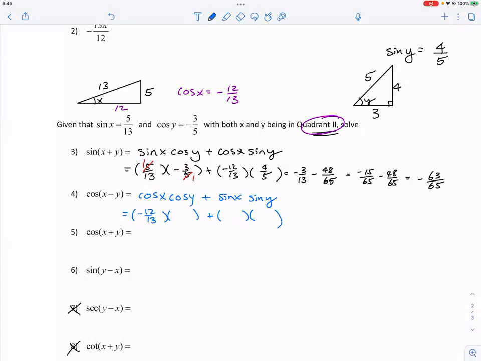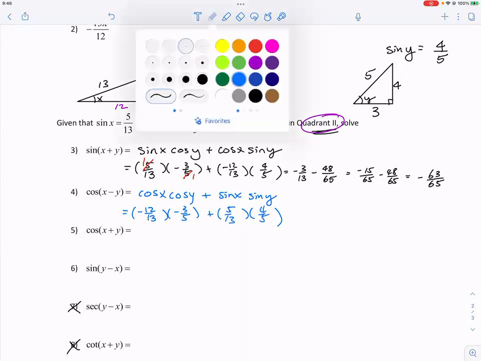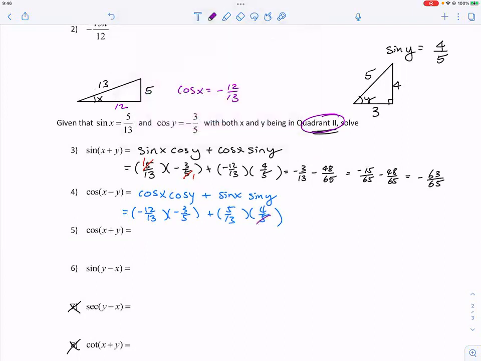Cosine Y is given, which is negative 3/5. Sine X is 5/13, and sine Y is 4/5. Again, fortunately, I got something to be canceled out.